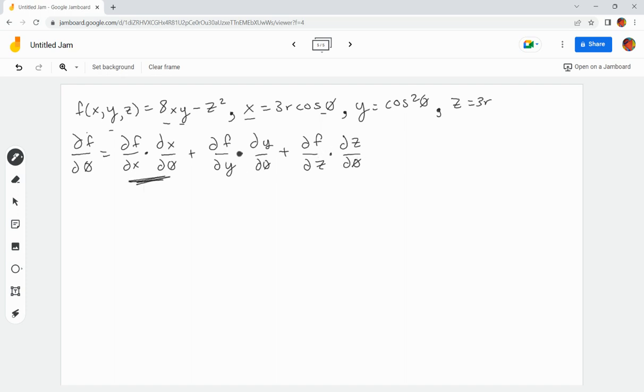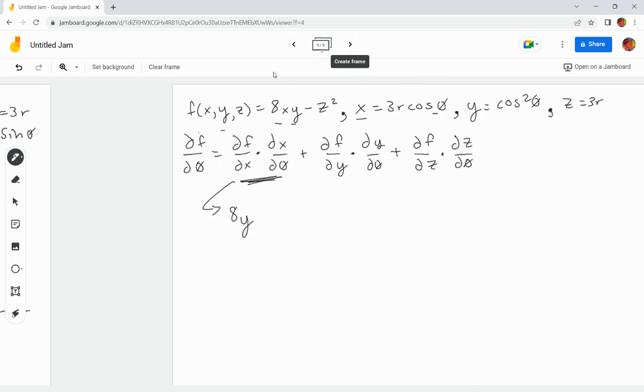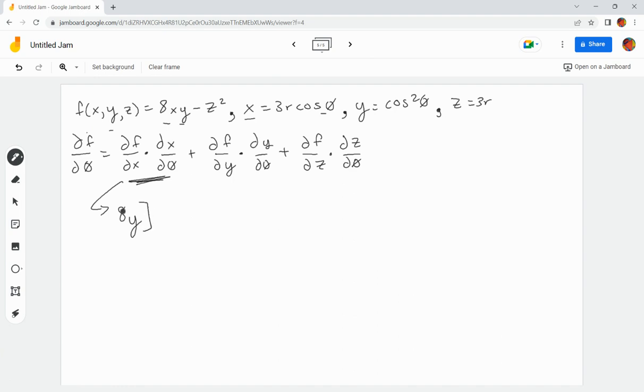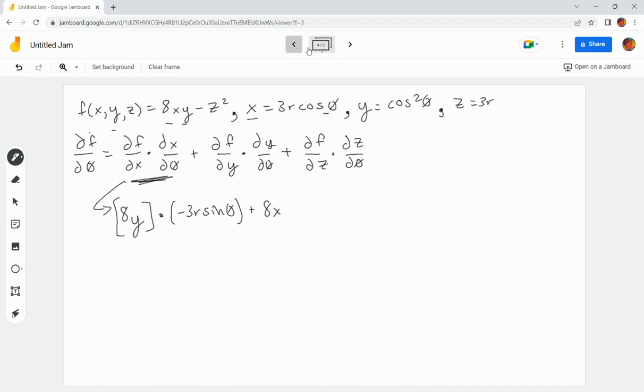This sucks. Now we'll start with this one up here. We're doing it again because I'm pretty sure I did something wrong. And then we have 8y. Did I already screw up the first one? No. And then I multiply that by dx d theta, so that's negative 3r sine theta, and then plus this y, so it's 8x.